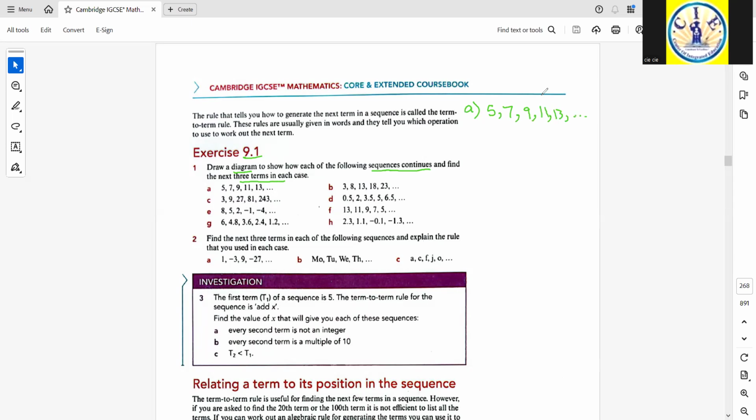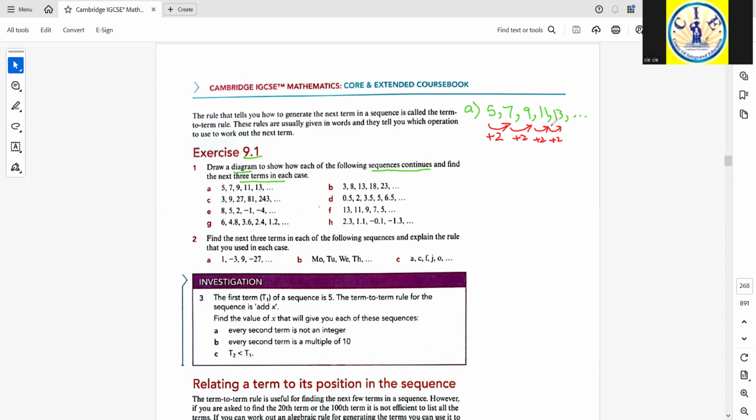For the diagram, you can easily observe that 5 plus 2 will give us 7, then 7 plus 2 will give us 9, then 9 plus 2 will give us 11, and then 11 plus 2 will give us 13.